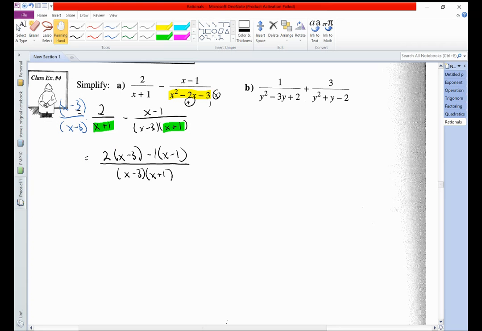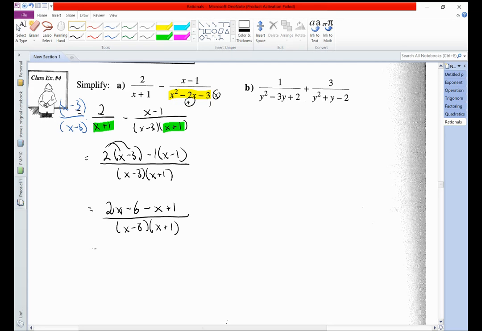So don't forget about that. So now I can factor this 2 into both terms in the brackets. So I have 2x minus 6 minus x plus 1 all over x minus 3, x plus 1.